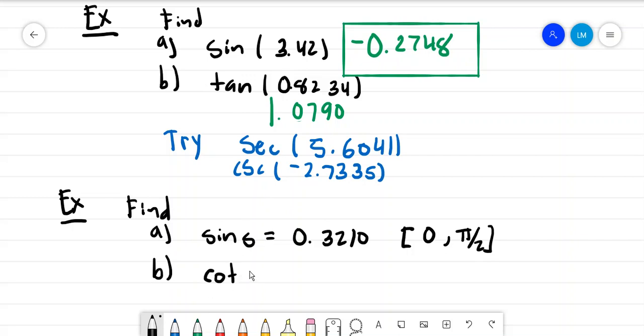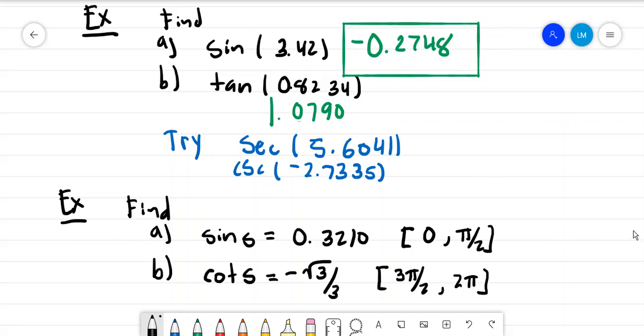Let's say that you had cotangent of s is equal to negative root 3 over 3, and it was restricted to, this is where it gets a little strange, 3 pi over 2 comma 2 pi. Okay.